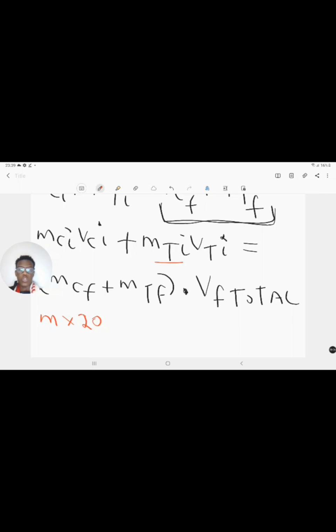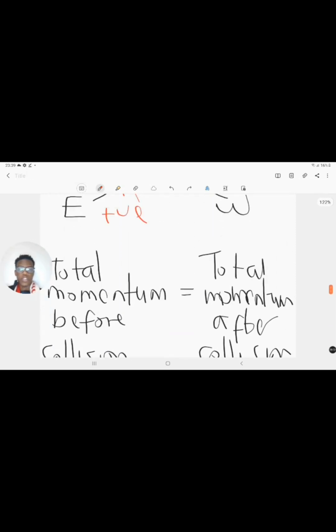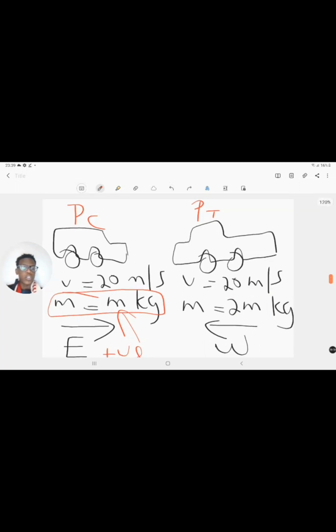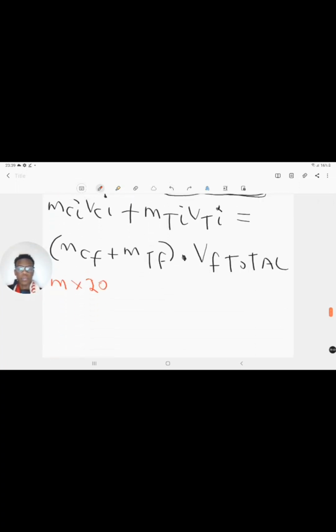Then we're going to come to mTi, the mass of the truck initially. What is the mass of the truck initially? The mass of the truck initially is 2m kilograms. So we're going to say plus 2m. What is the velocity of the truck initially before the collision?